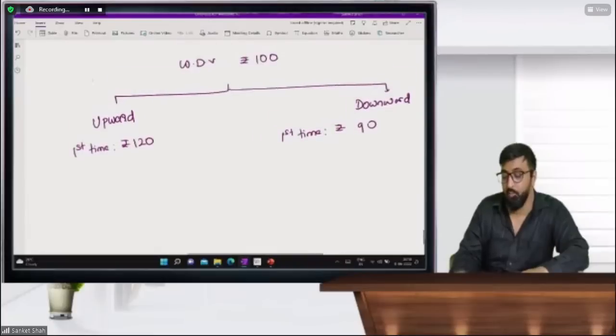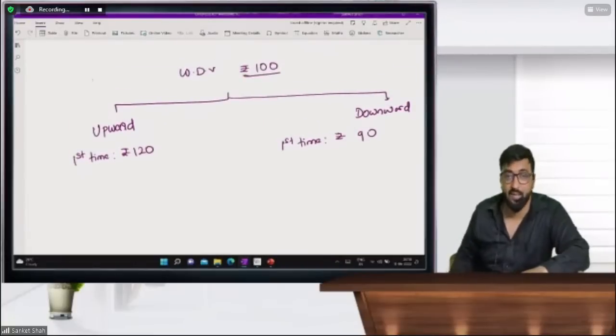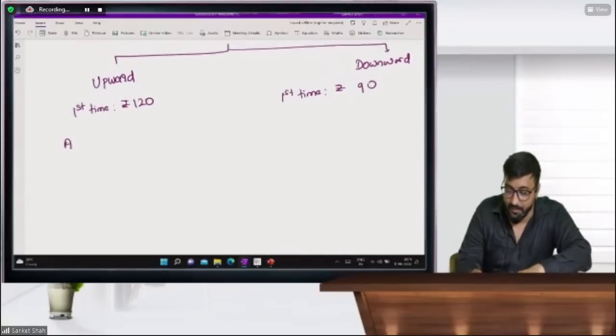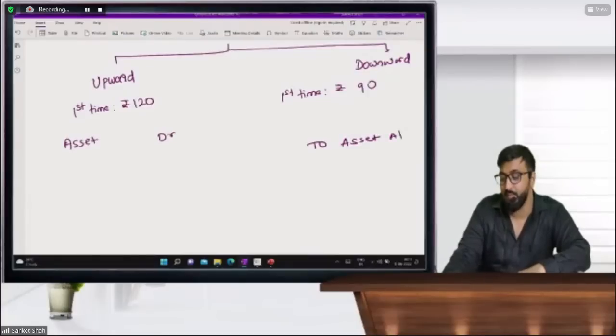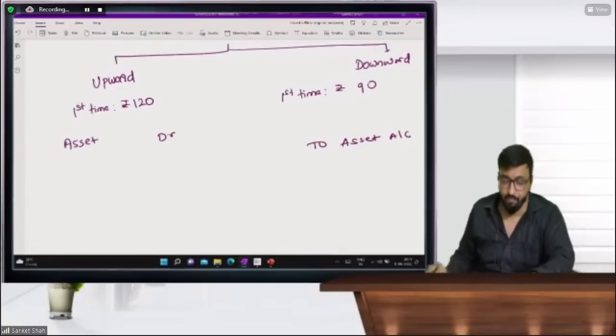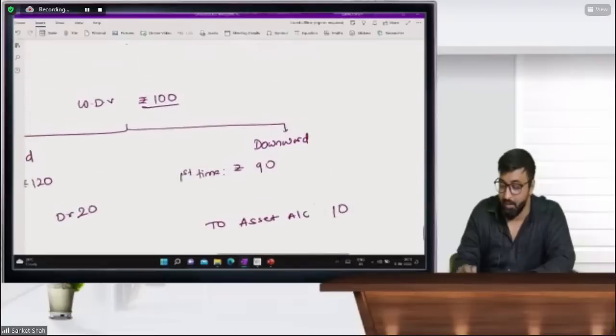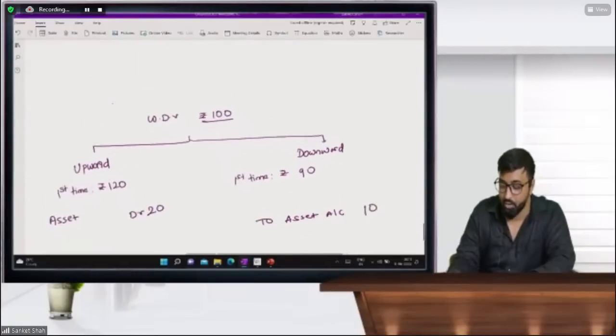In the books it is showing a 100 rupees balance. Upward revaluation means your asset is increasing, so the asset account is debited by rupees 20. Downward revaluation means the asset account is credited, from 100 to 90. So these are two cases.